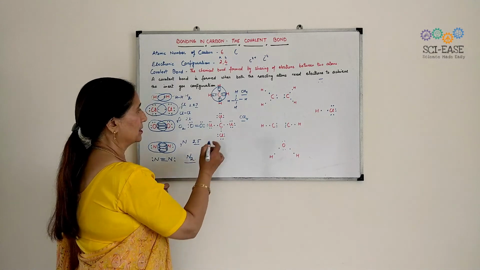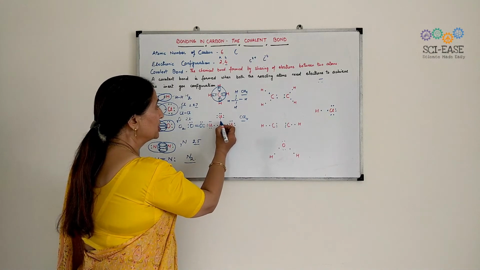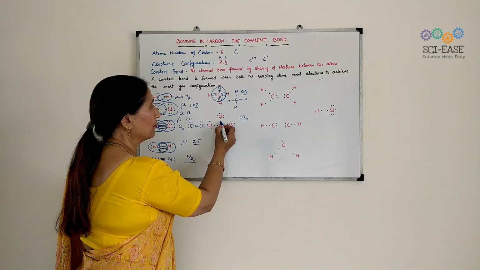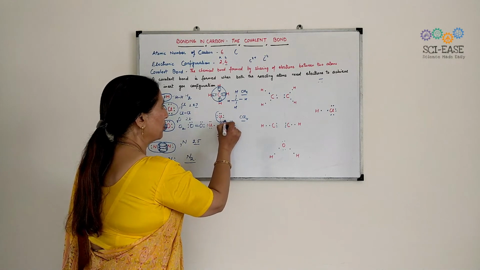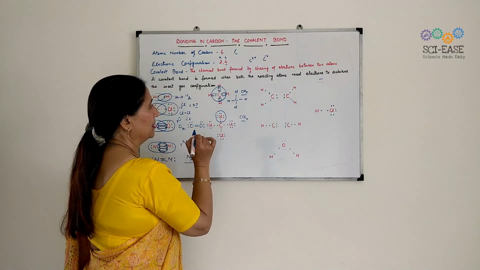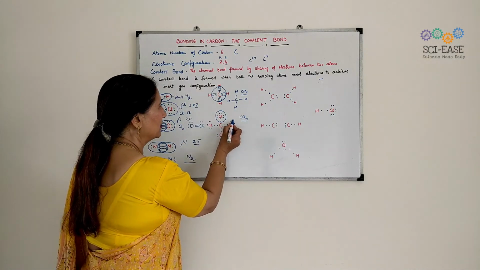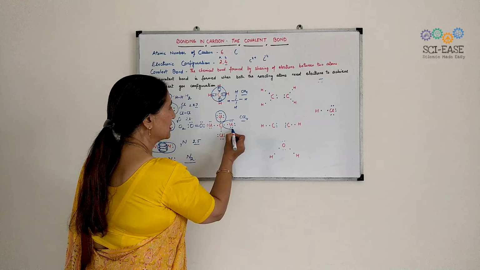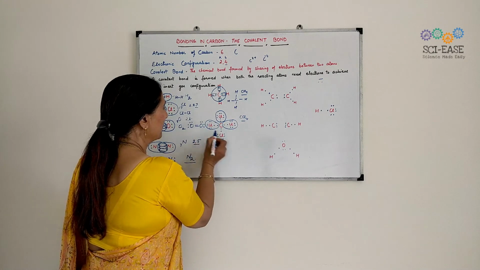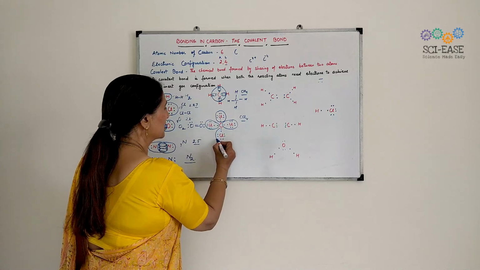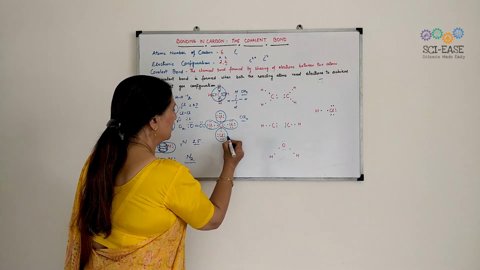What will be the result? Each chlorine will share 1 electron of carbon, and the octet of this chlorine is complete, and the octet of this carbon is also complete.